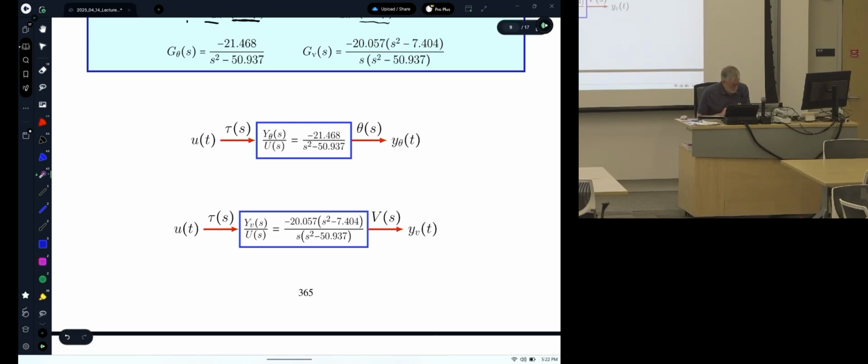Well, there's an s, I give you that. But more importantly, you see this term? It's replicated here. Now, gain, that's easy. You put 4 here, you multiply by 4 here, you divide by 4 here, it's all the same.